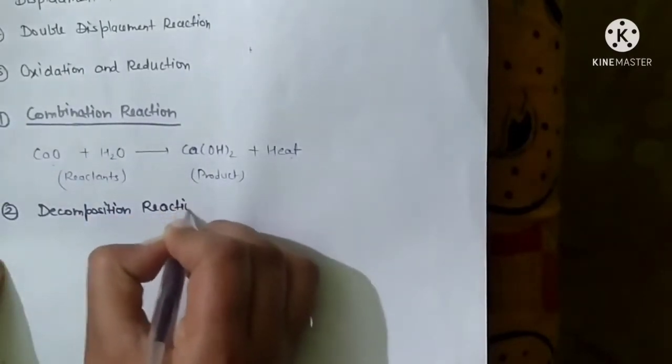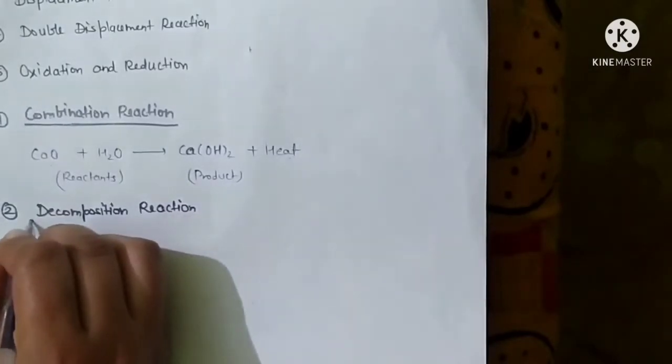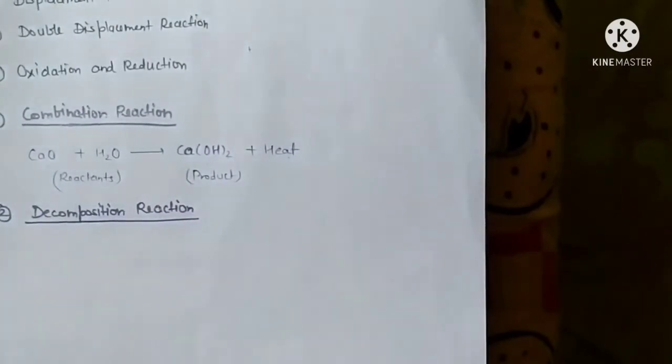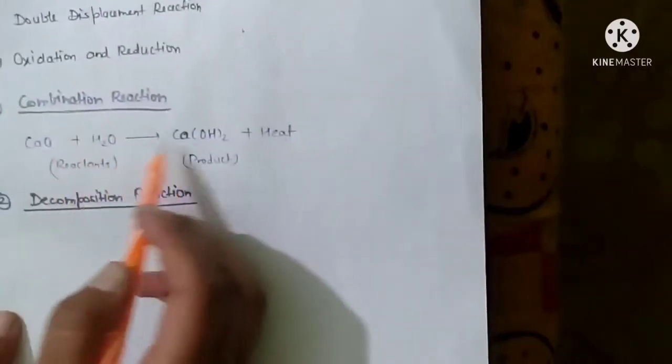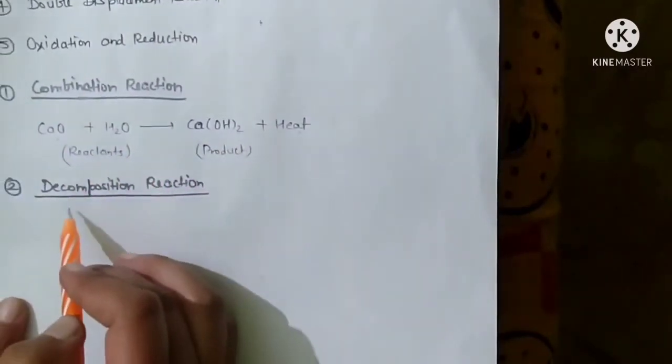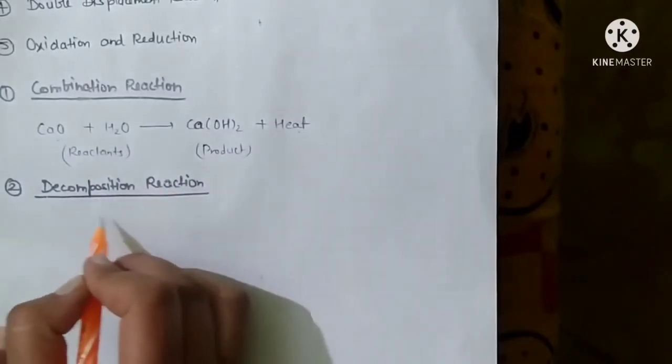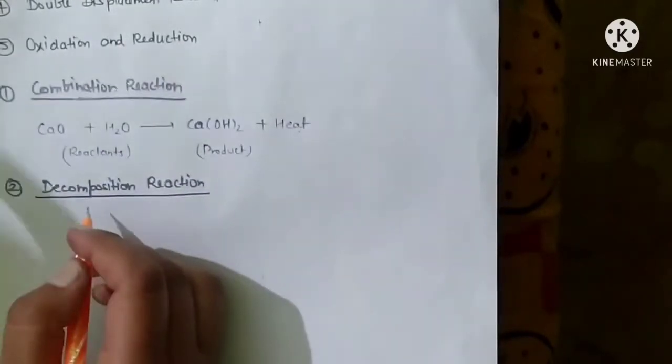Basically it is the opposite of combination reaction. In combination reaction, two reactants combine and form a product, but in case of decomposition reaction, one reactant forms two products.